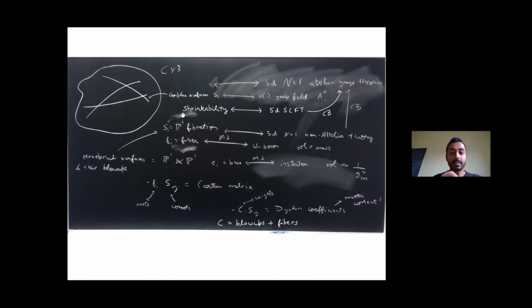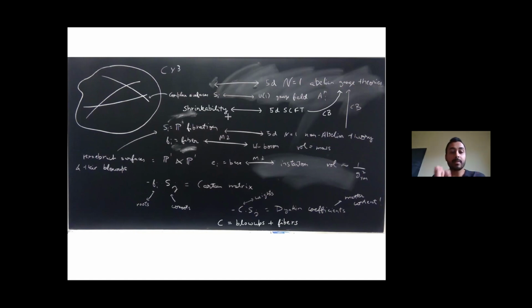This structure can be thought of as a shrinkability structure. So what it means is that you should be able to contract all the compact complex surfaces and the compact complex curves in this region to a zero size simultaneously at some point in the moduli space.